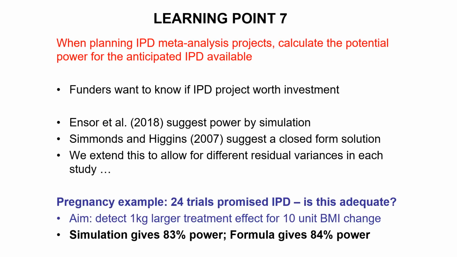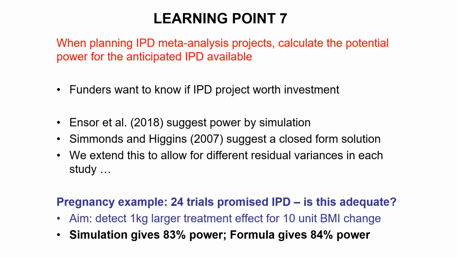And the last learning point is to suggest to people to start calculating power of IPD meta-analyses in advance of actually doing the project. So based on the amount of IPD that's been promised, what is the potential power of your analysis? In our paper we talk about how you do this, and Ensor proposed a simulation-based approach.